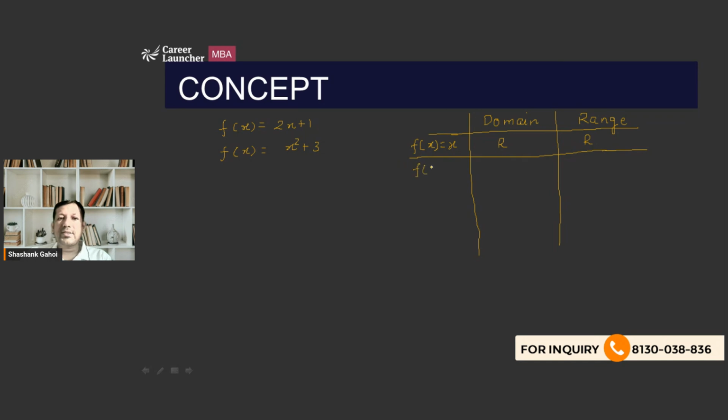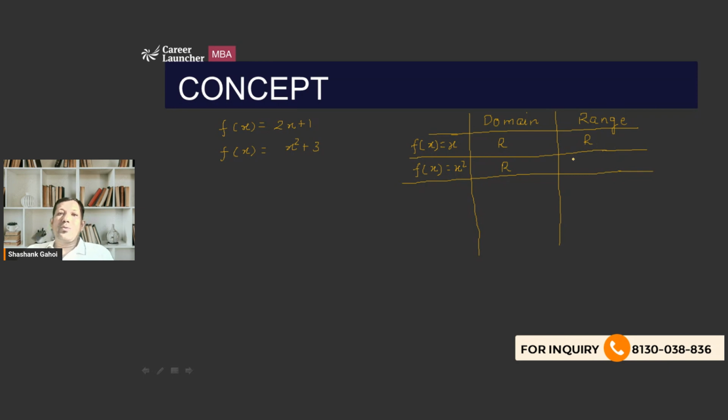Now, if I say f(x) is equal to x square. What is the domain? I can plug in any value of x. x can be 1, 2, 3, 0, -1, 2.5, root 2, root 5. So domain is going to be R. But what are the possible values of f(x)? Can I say it is going to be negative? If I put x equal to 2, f(x) is 4. If I put x equal to -2, f(x) is again going to be 4. So f(x) can never be negative. Can it be 0? If I plug in x equal to 0, f(x) will be 0.